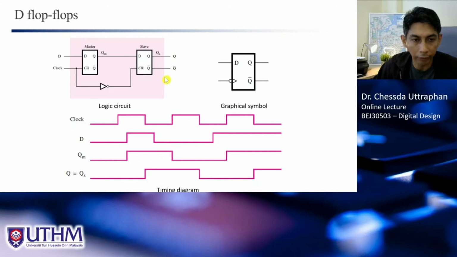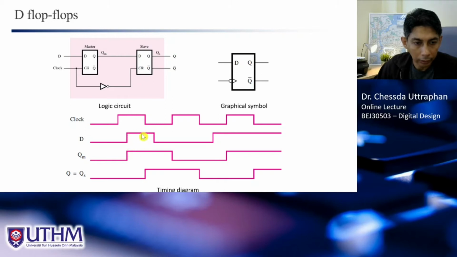Okay, so let's see how it works. If we have the clock like this, and we have D here, D goes to 1, and of course, because this is a D latch, QM, the output of the master, will go to 1 immediately, because the clock is active.